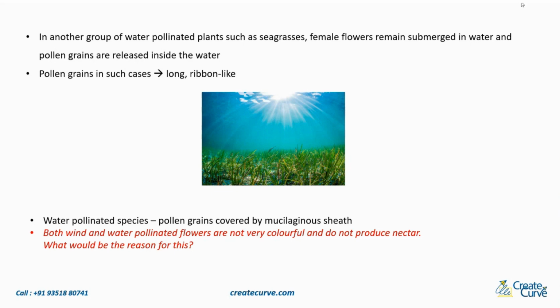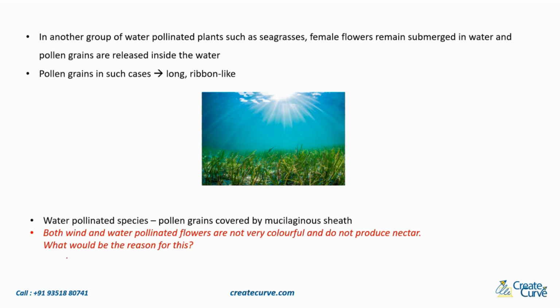So mucilaginous sheath is basically like a viscous kind of material. Viscous in the sense it's a sticky, jelly-like substance. This kind of substance will form a sheath around these pollen grains. One thing is that it's for protection. The other thing is for it to disperse easily. All right.